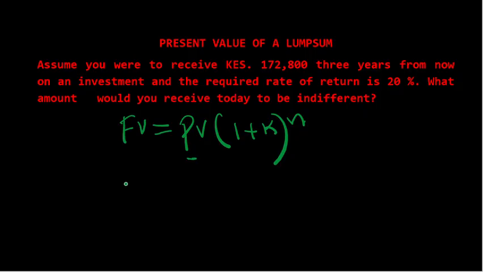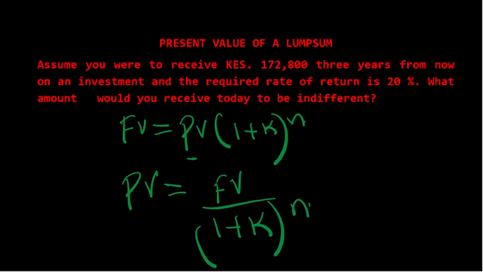So we can now make the present value the subject of this formula. We say present value is equal to the future value divided by (1 plus k) raised to n. If we do this, then we are getting the present value.